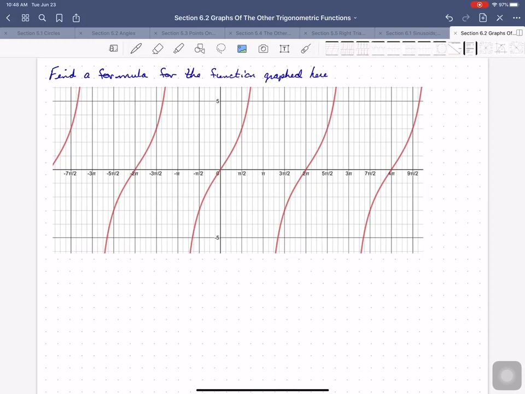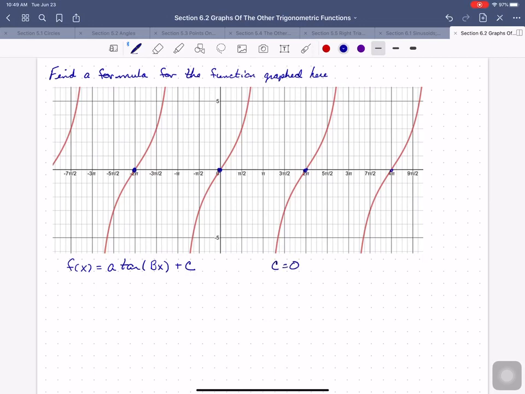So we know we're going to be writing something that looks like f of x equals something times the tangent of something times x, maybe plus c. Now, if we look at our curve, we can see that our center line is along the x-axis. So we know that c equals 0.